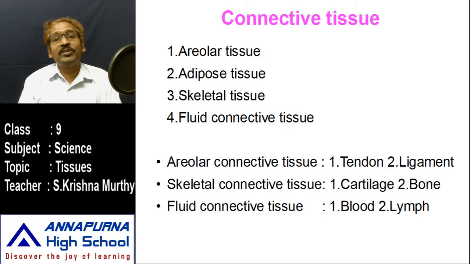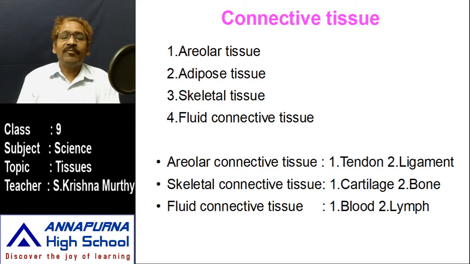Another fluid is also there inside our body, without mixing blood and lymph. Blood is separate, transported with the circulatory system. Lymph is transported with the lymphatic system. In another class we will learn about them.